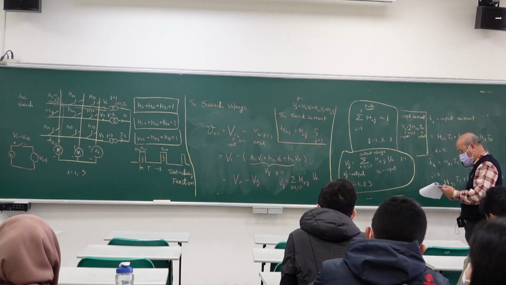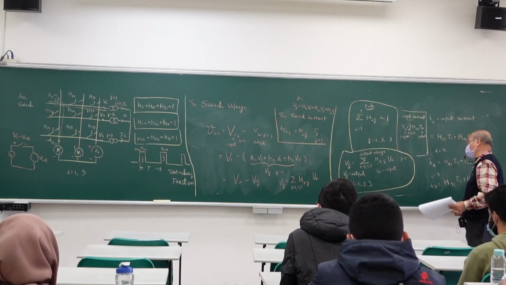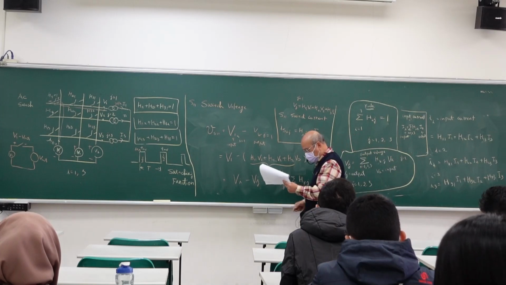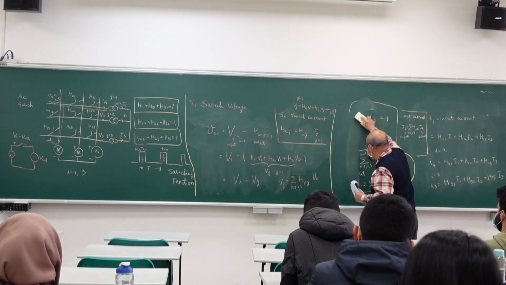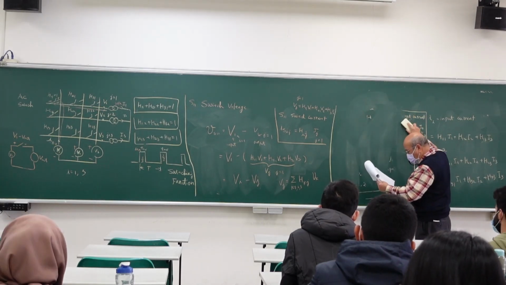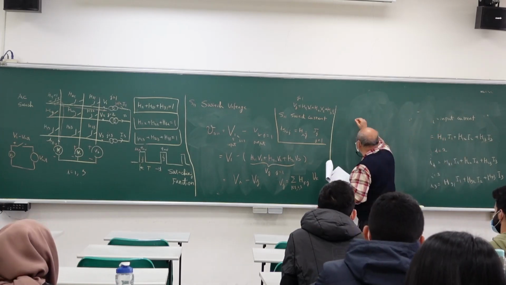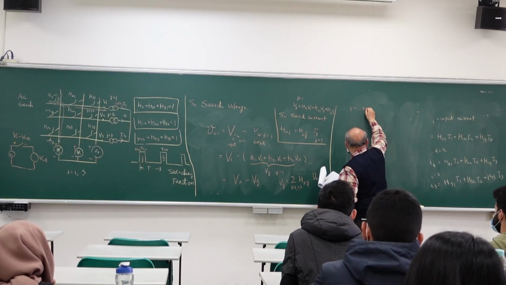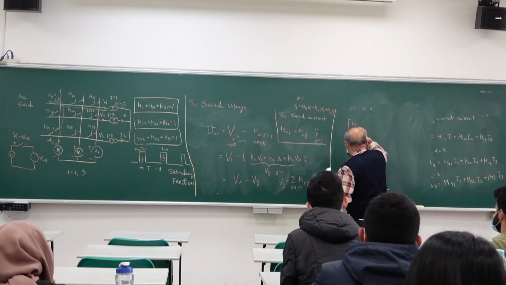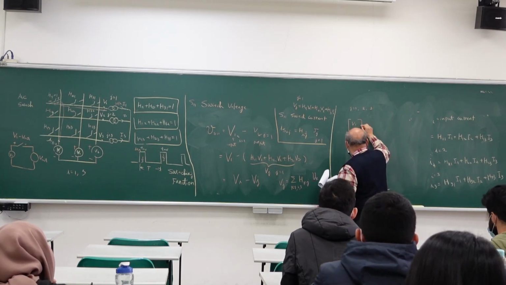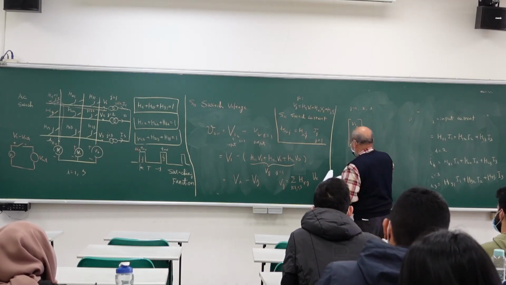So now we want to express this in a more convenient way, because this equation is not easy to understand. So how can I write it another way? I want to know the output voltage. For the output voltage, we have J equal to 1, 2, 3, so we have V1, V2, V3. This is J equal to 1, this is J equal to 2, this is J equal to 3.